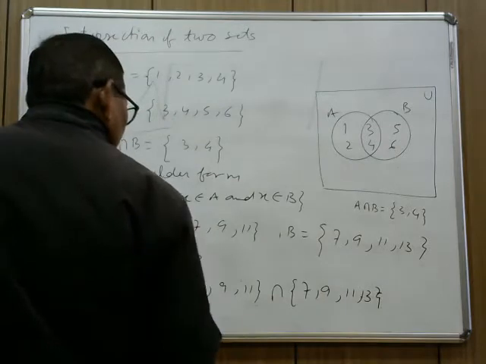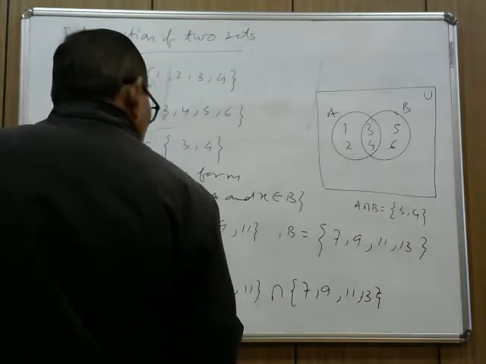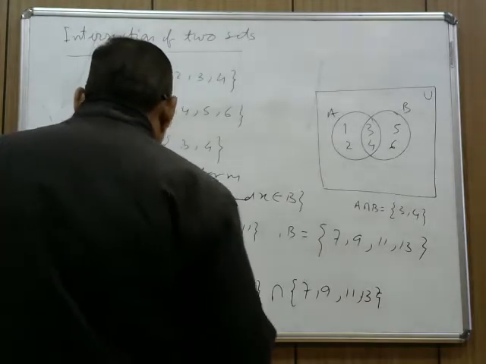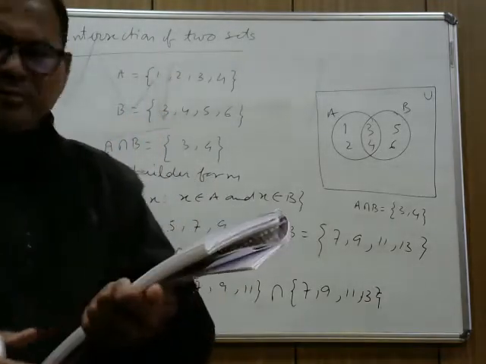That is equal to 7, 9, 11. This is the intersection of A and B.